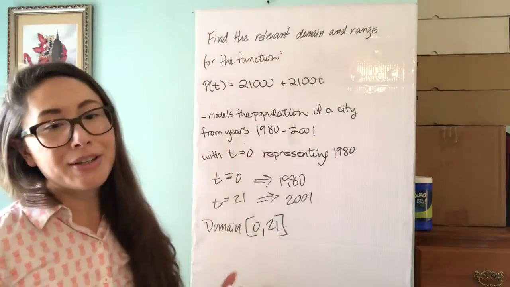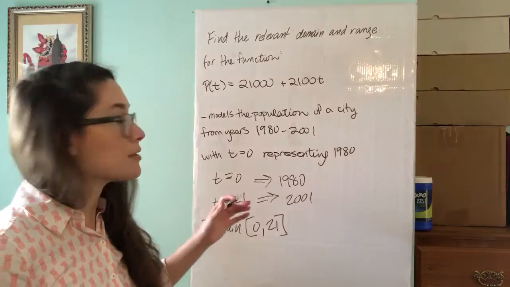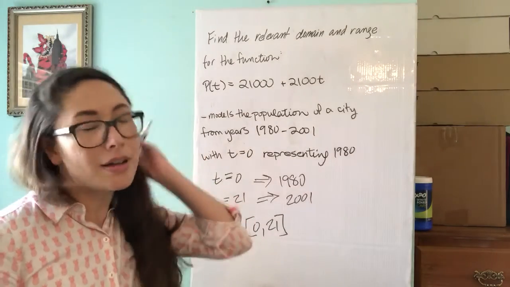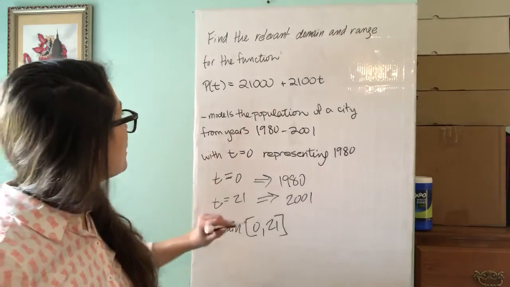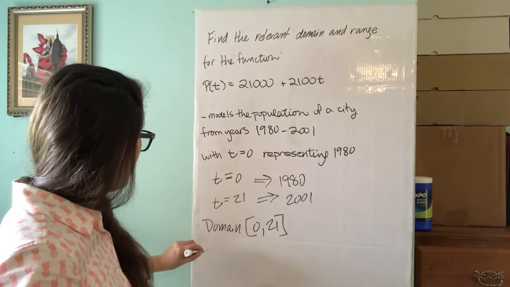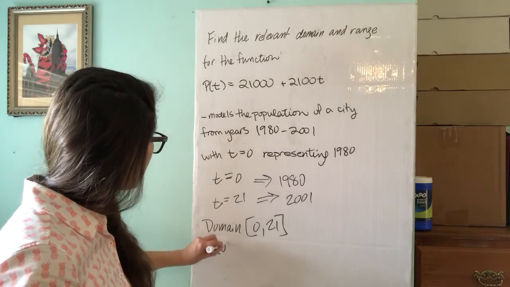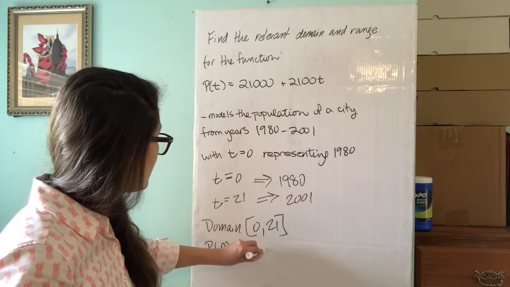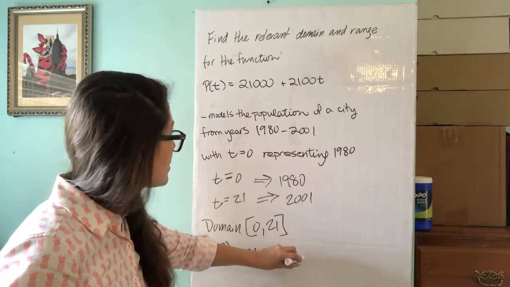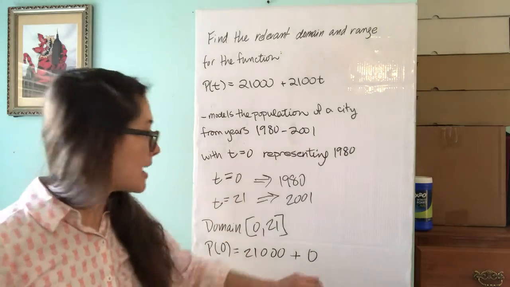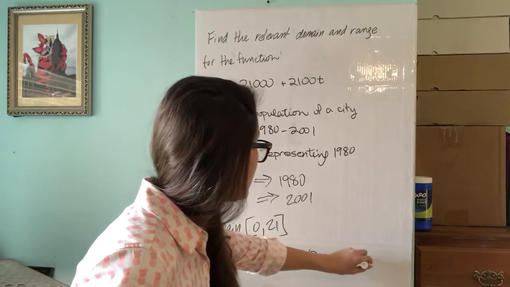The lowest population would be starting from t equals 0, year 1980, right? When t is 0, then P of 0 would be 21,000 plus 0, so that would just be 21,000.